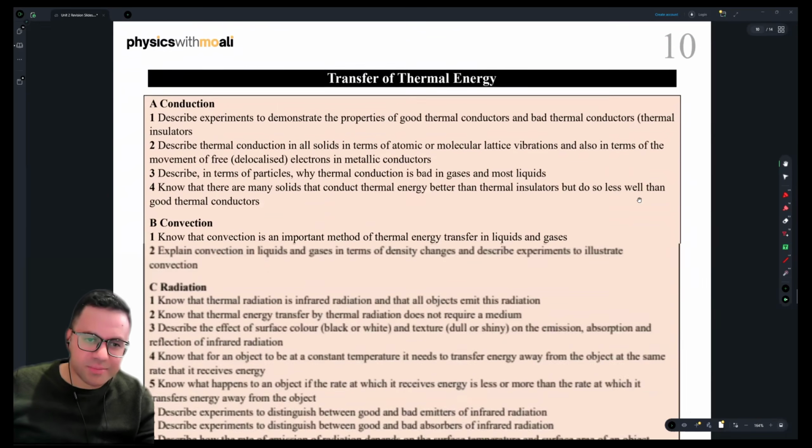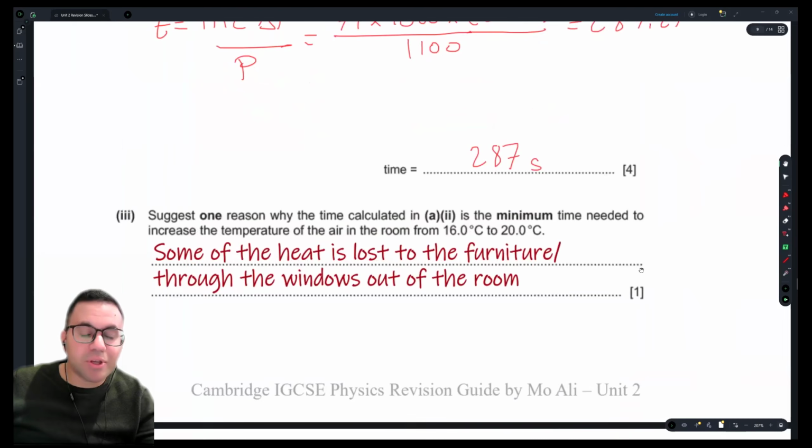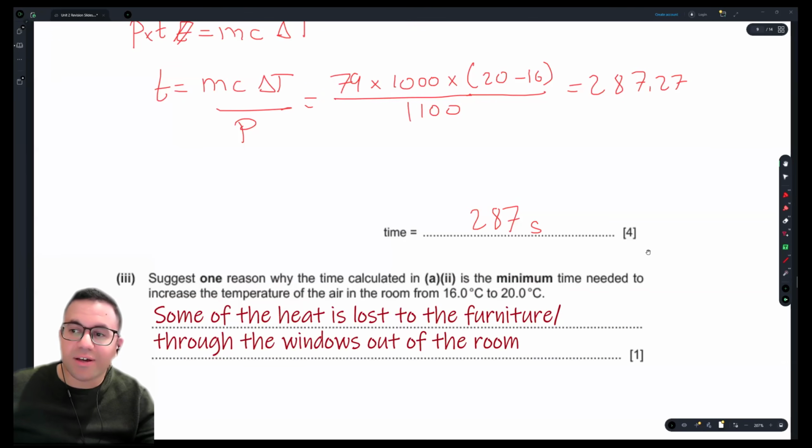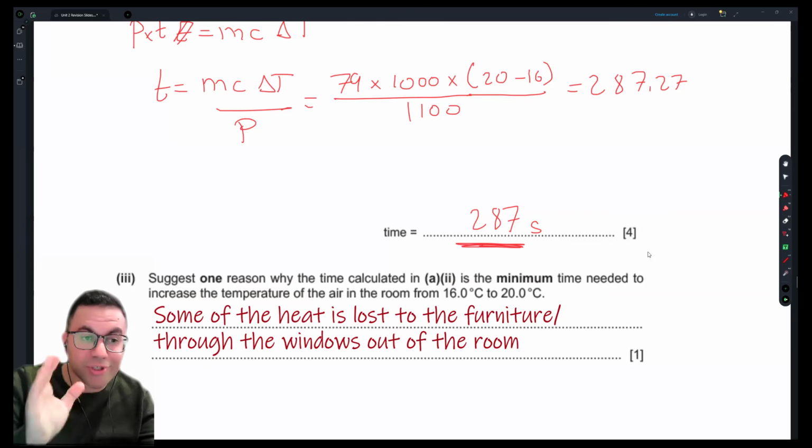Let's finish up this discussion. This is a huge checklist, by the way. Why is it the minimum? It's the minimum because this is what you're assuming: the time that's needed to heat the air if there's no heat loss. You're assuming 100% of the power is going to the air.